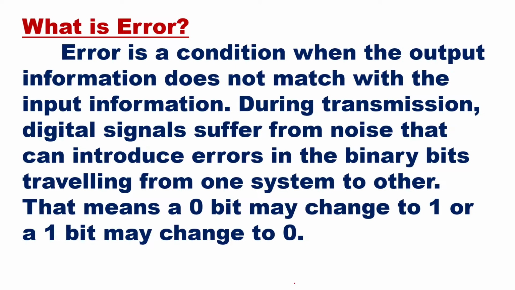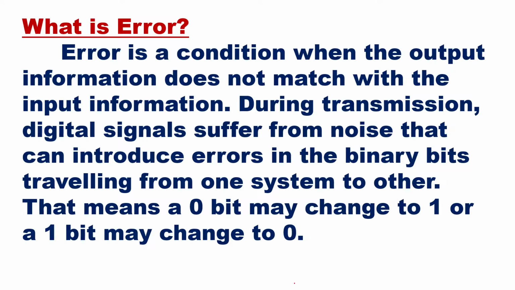Very simple. The information which reaches the receiver is not matching the information sent by the transmitter. It has suffered from noise, and that can introduce error. Error means, in binary bits, a 0 bit may change to logic 1, or a logic 1 can change to logic 0. So that is an error that will change the meaning of the information itself.